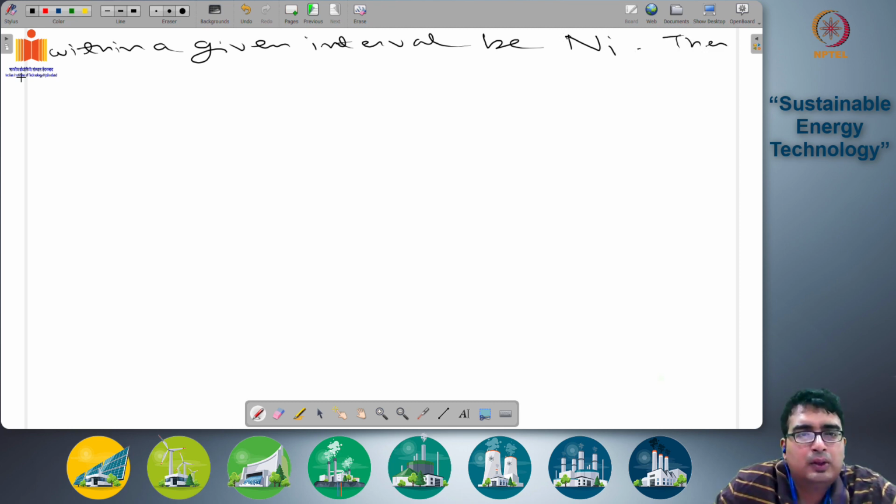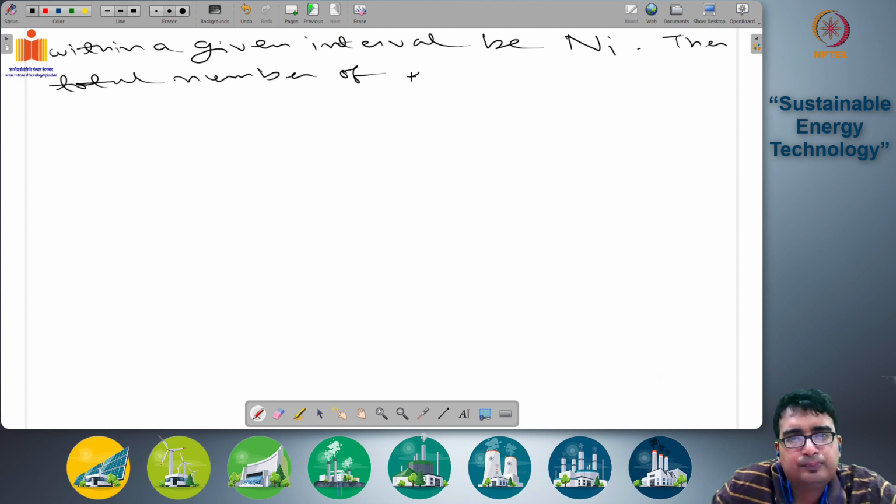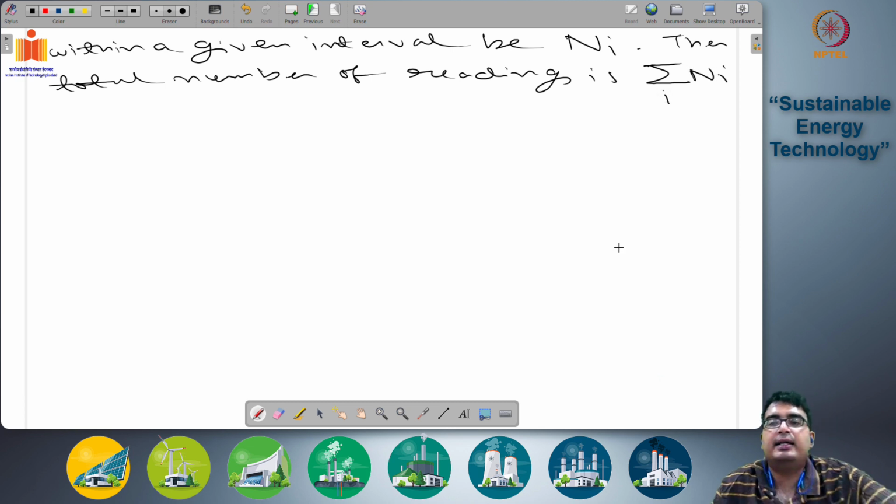Then the total number of readings is the summation of ni over all the i intervals.